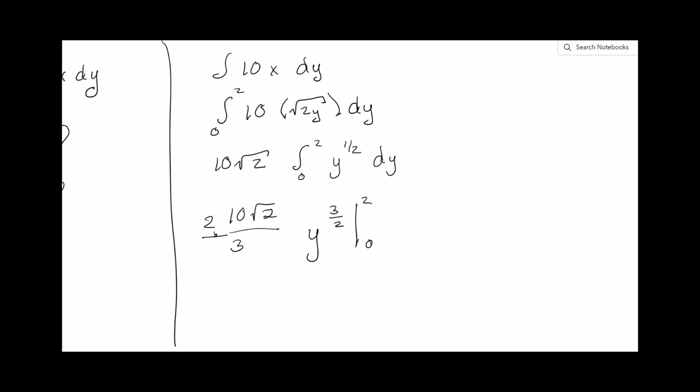So whatever that ends up being, 20 square root of 2 over 3.